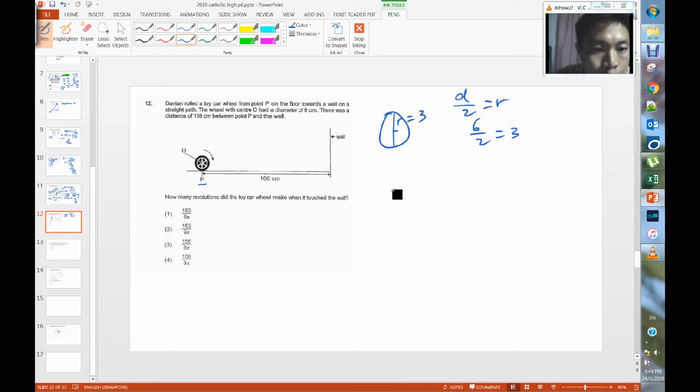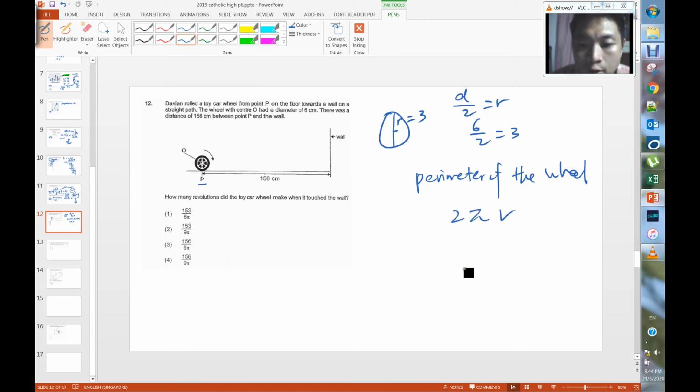Okay, so first thing first, let's find out the perimeter of the wheel first. How do you find the perimeter of the wheel? Since the wheel is a circle, to find the perimeter of a circle, you take 2 pi r. So you have 2 times pi times r, which is 3, so you should get 6 pi.